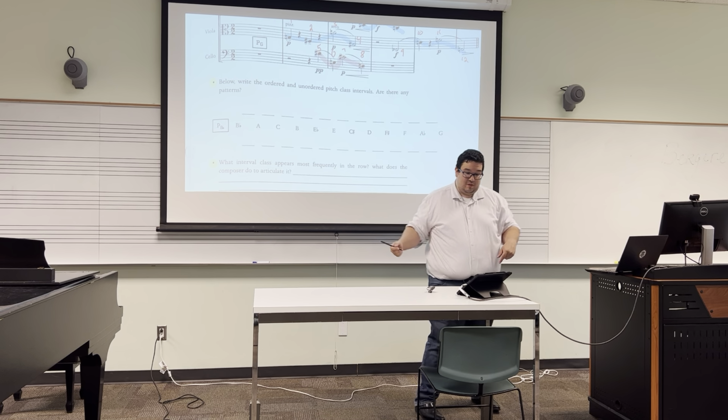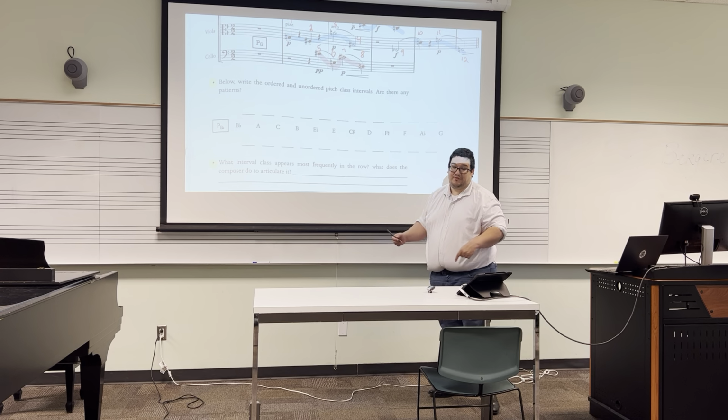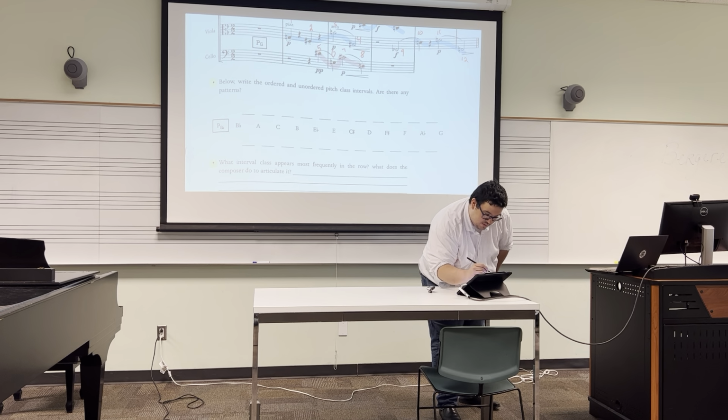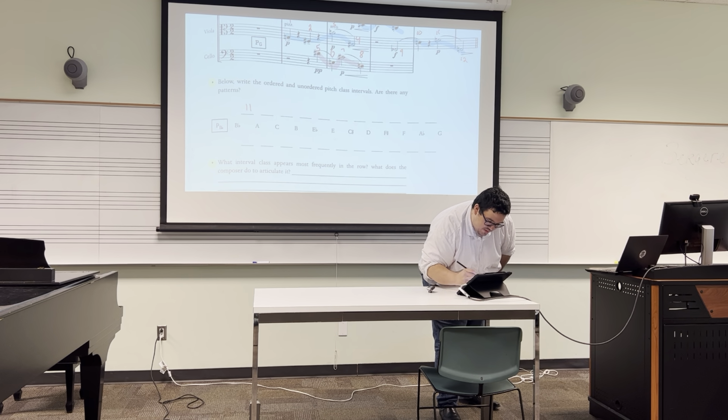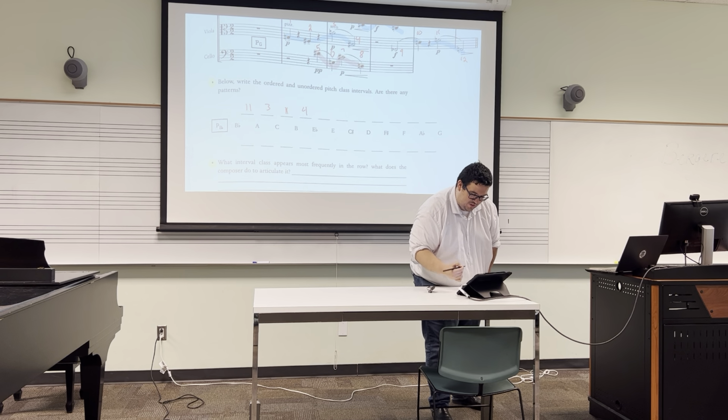Okay, so let's go for the ordered pitch class intervals first. B flat to A, 11, right? And then A to C, 3, C to B, B to E flat, 4, right? It's B to D sharp, but phrased strangely.